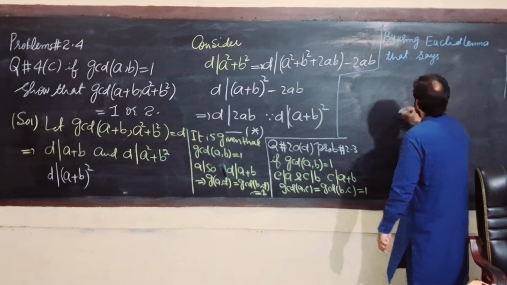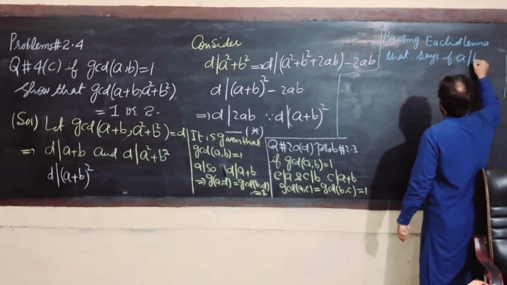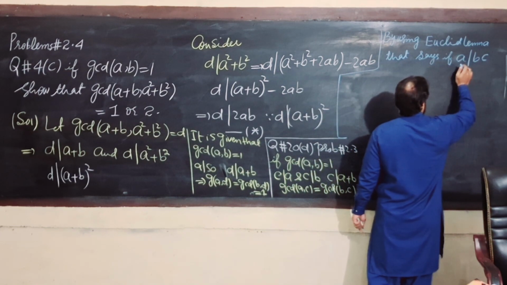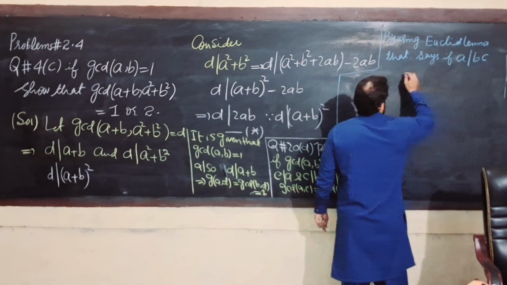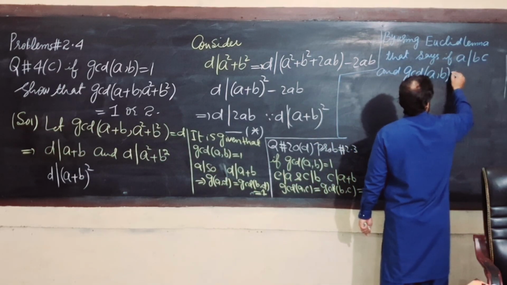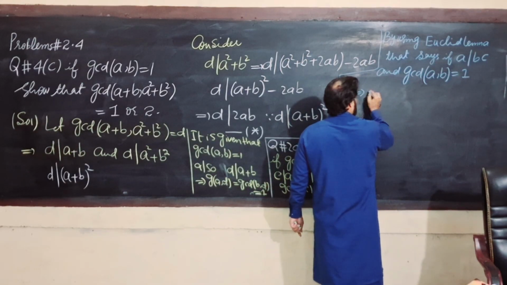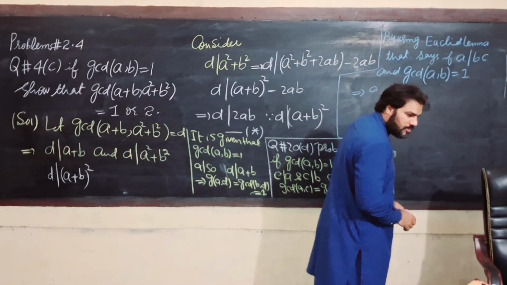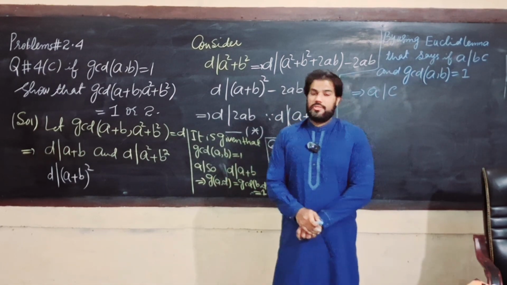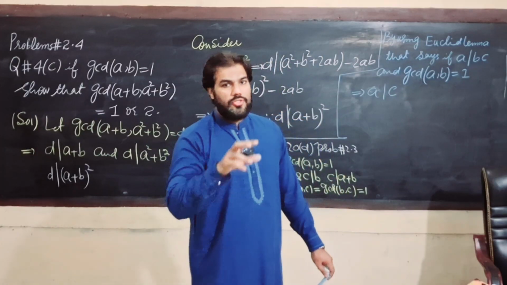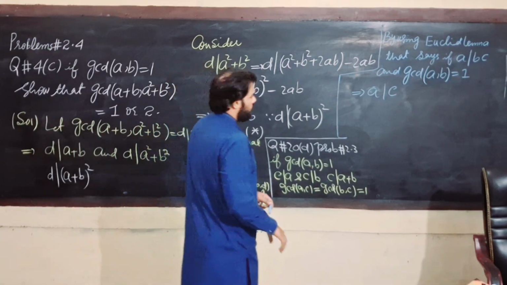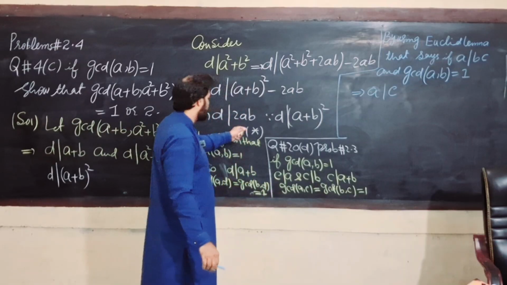If we have three integers A, B, C such that A divides the product of the remaining two, and the GCD of A with one of them, suppose A with B, is equal to 1, then it must be that A divides the second number C. So we can use this Euclid's lemma for star.